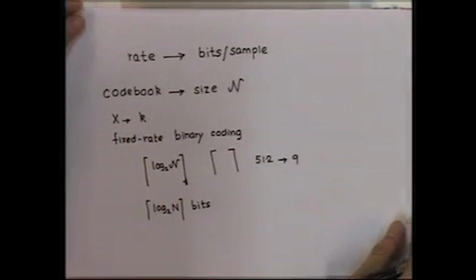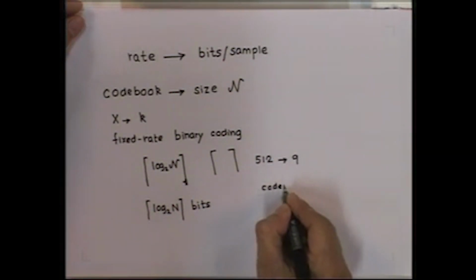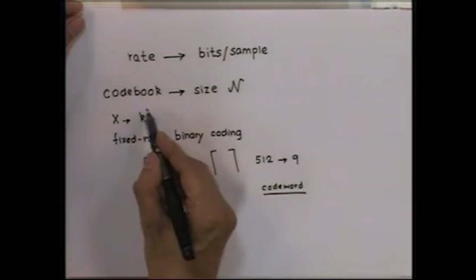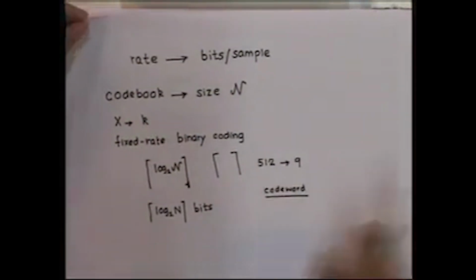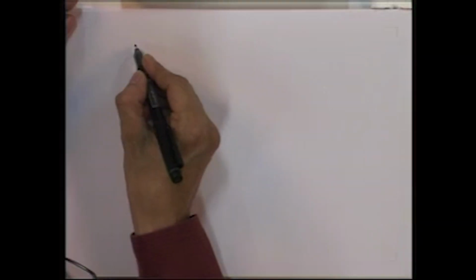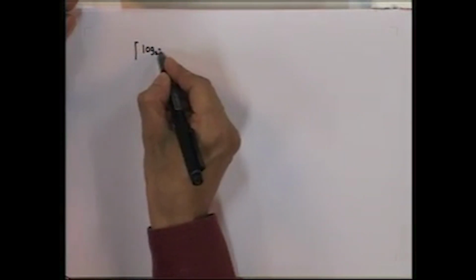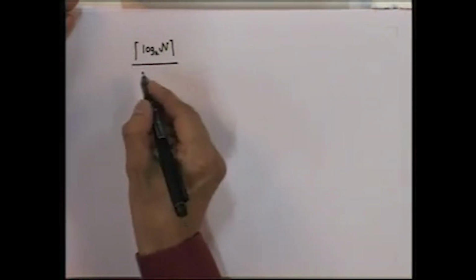Now, since each code word contains the reconstruction values for k source output samples, the number of bits per sample would be ⌈log₂ n⌉ / k.